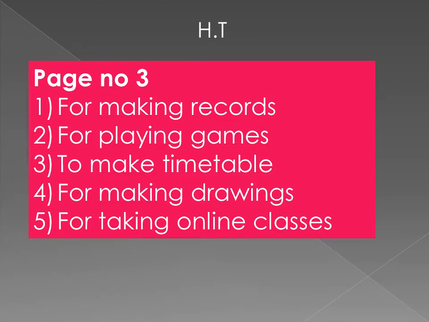Now, open page number 6. There was a question. Look carefully at the picture of the computer lab on page 2. Then answer the following questions. If you have done it, then let's do it with me. How many children are in the computer lab? There are 3 children.